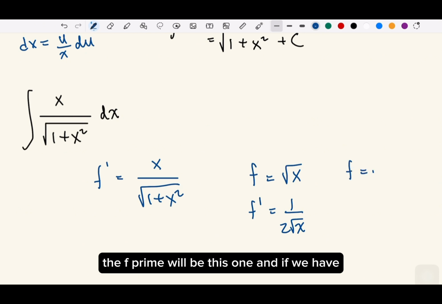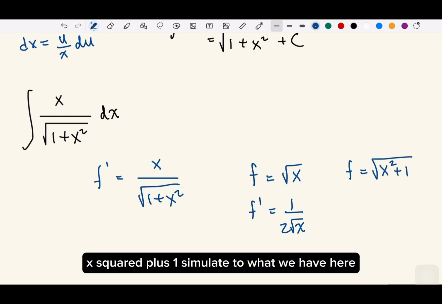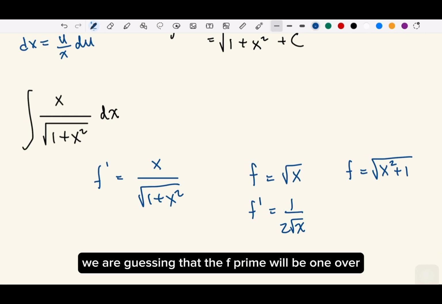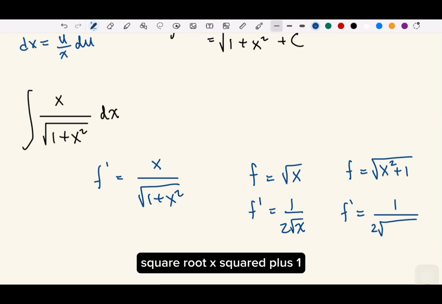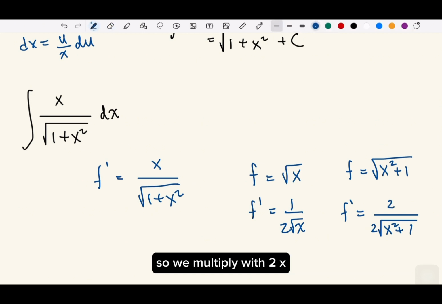So if we take the square root of x, the f prime will be this, right? And if we have the square root of x squared plus 1, similar to what we have here, we are guessing that the f prime will be 1 over 2 square root of x squared plus 1, but multiplied with the chain rule, x squared becomes 2x, so we multiply with 2x.